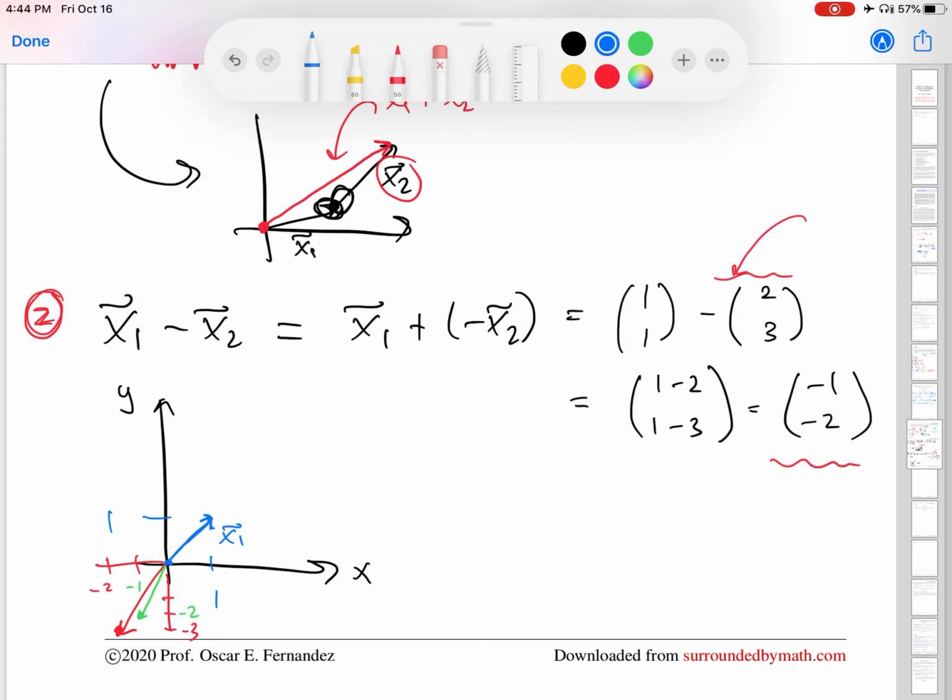Okay, and then when I reach that point, I am now going to draw the vector -x2, which is this red one down here. I'm just going to take that red vector and try to move it this way to this point. So you can see how I'm going to end up over here where the green vector x1 minus x2 is.